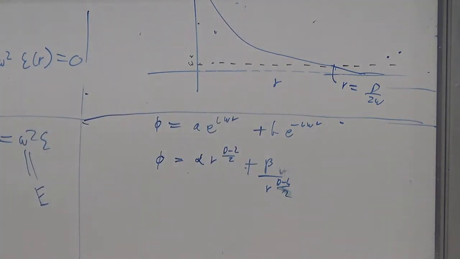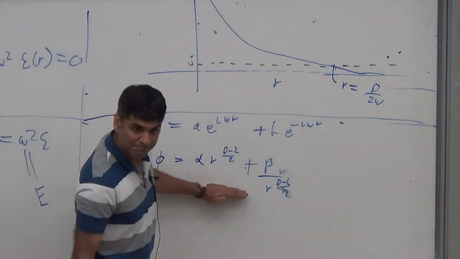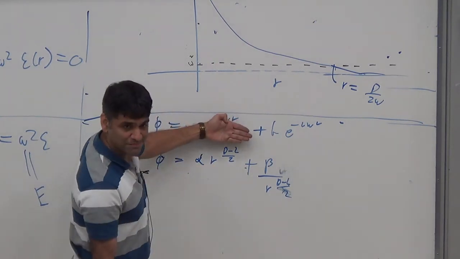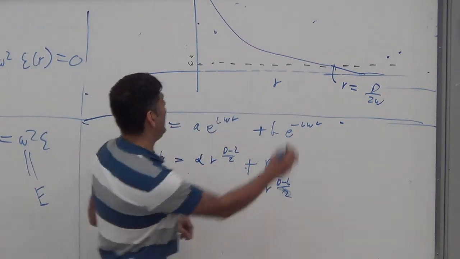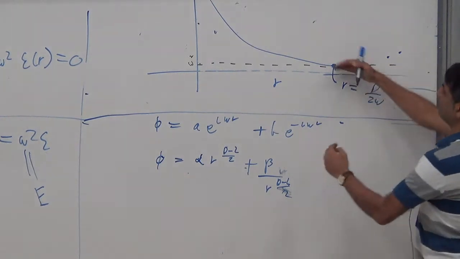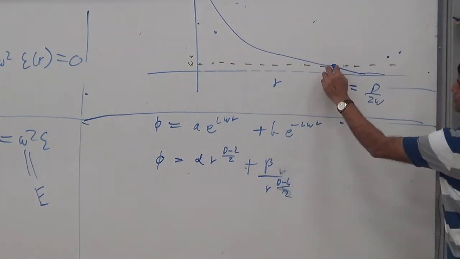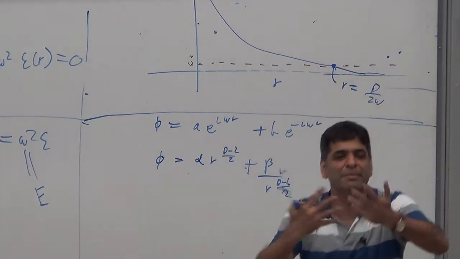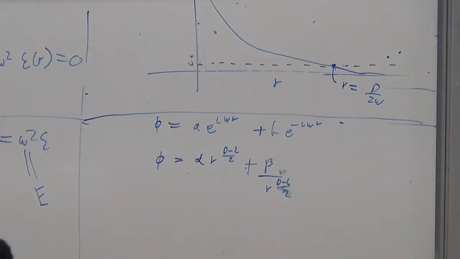So inside we've got this solution, outside we've got this solution. And we find the full solution by matching across here using, for instance, the WKB matching formula.